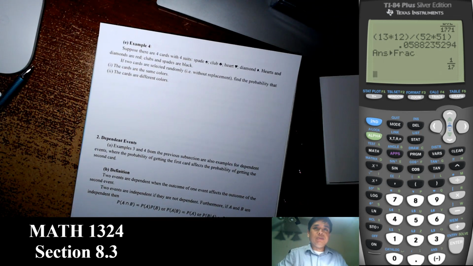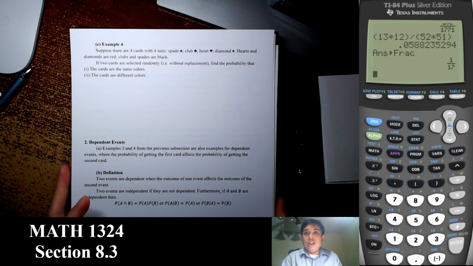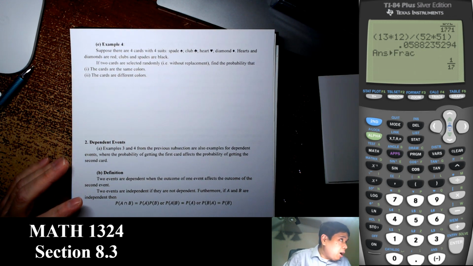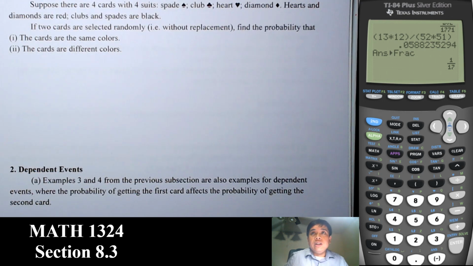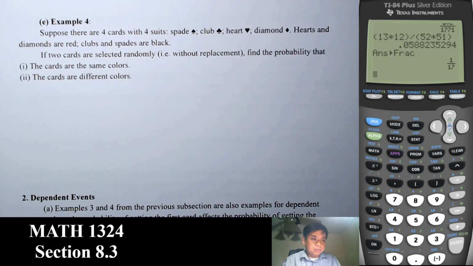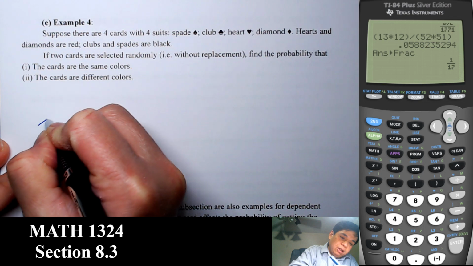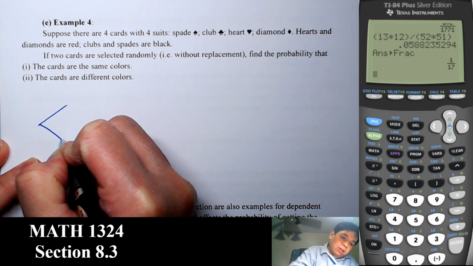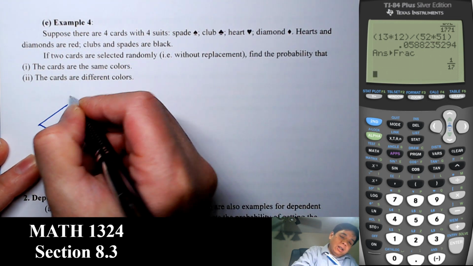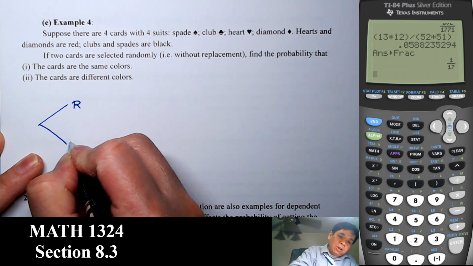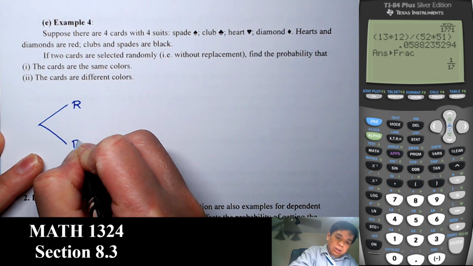Alright, so it says that you will win if you have the same color, you lose if you have different color. So let's just say, I just write out all of the probability, all of chances. So let's say the first card could be a red card or a black card.